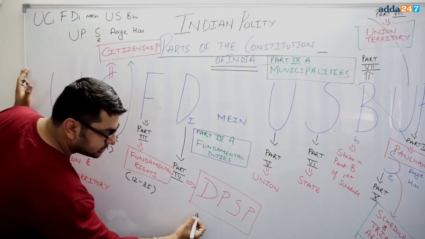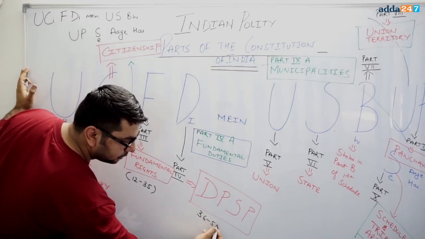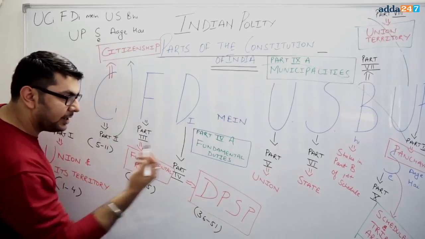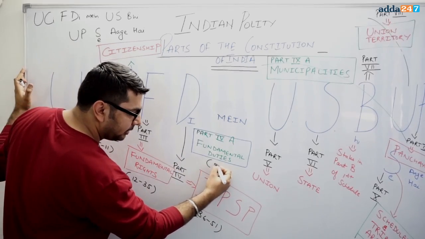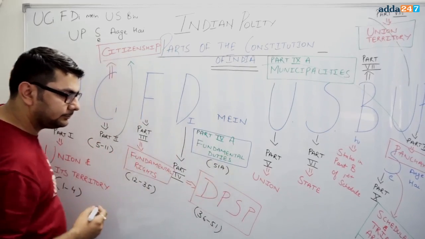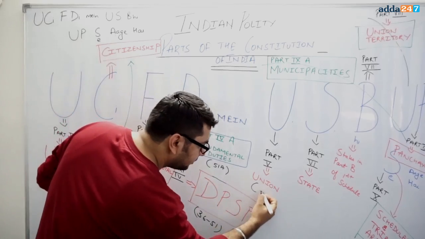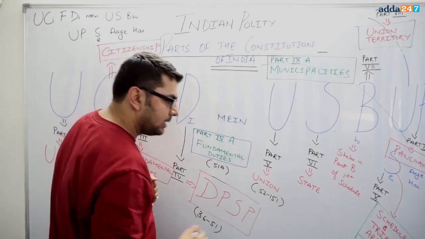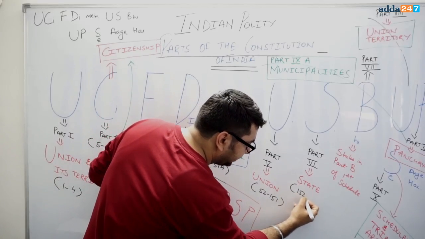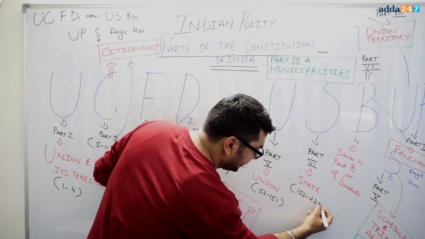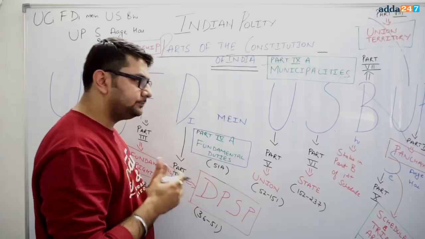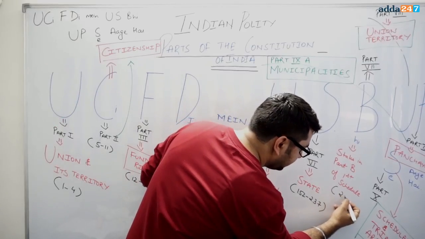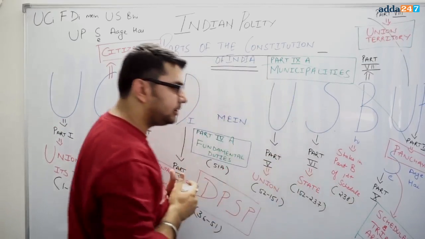Directive Principles of State Policy, Article 36 to 51. The exception, Fundamental Duty, Article 51A. Union, Articles 52 to 151. State, 152 to 237. Part 7, Article 238.